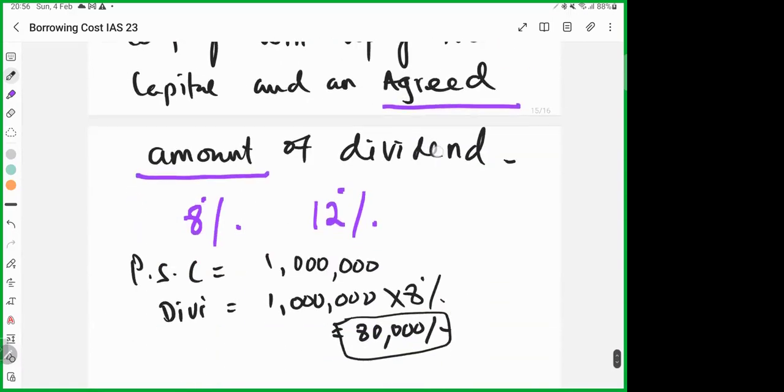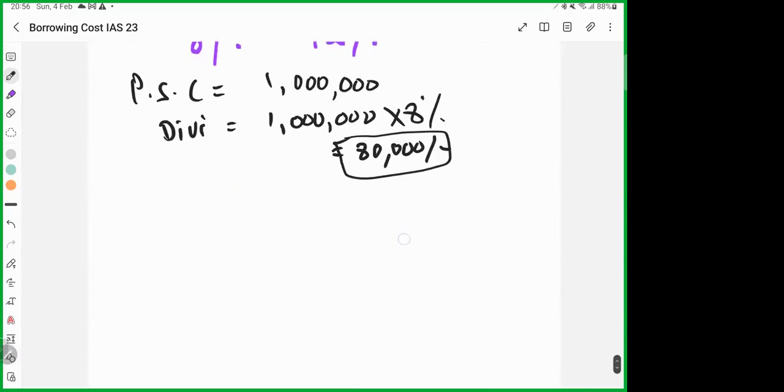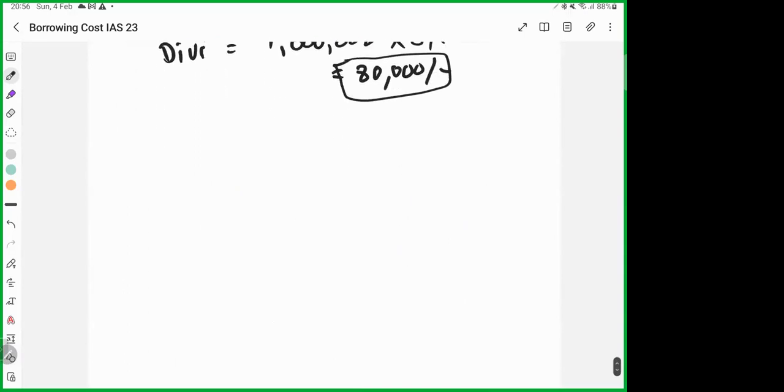Yes. Fine. Now, there is one more additional discussion I need to carry on with regard to preference share capital. I will write PSC. We could categorize the preference share capital in different criteria. One criteria, whether redeemable or not.